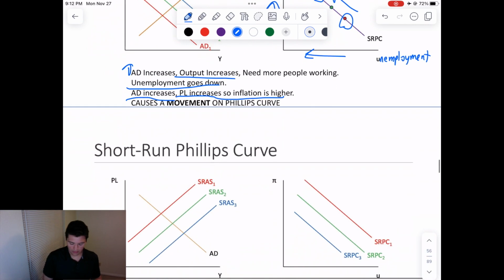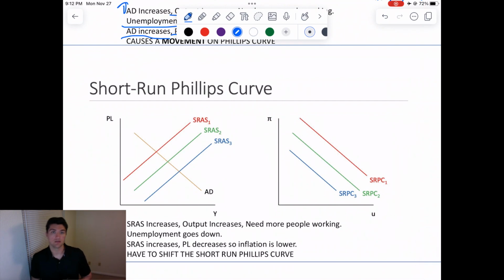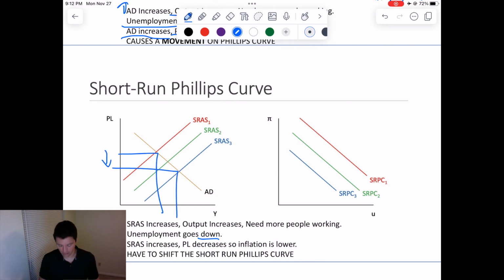We can also have a change in the short run aggregate supply curve. So if we have an increase in the short run aggregate supply curve, this is going to increase output, decrease unemployment. Also, this is going to decrease the price level, so lower inflation.